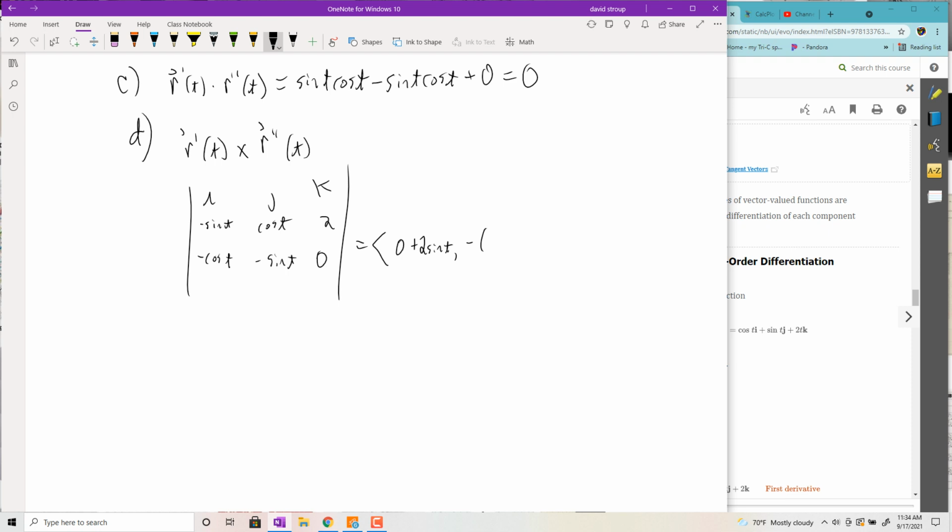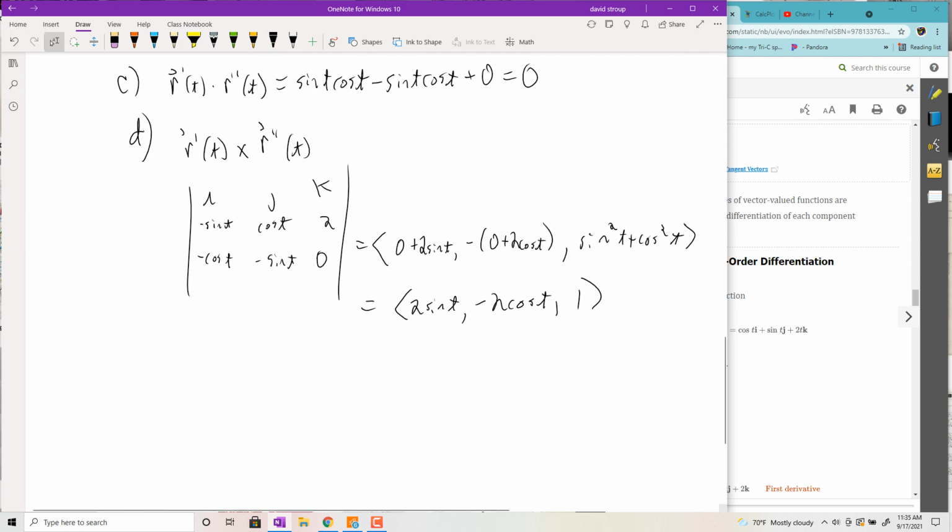Blocking out the second column, 0 minus negative 2 cosine t, so plus 2 cosine t, comma, blocking out the third column, sine squared minus negative cosine squared, so sine squared t plus cosine squared t, and then we could simplify that. So we get 2 sine t, negative 2 cosine t, and then 1 from the Pythagorean identity.